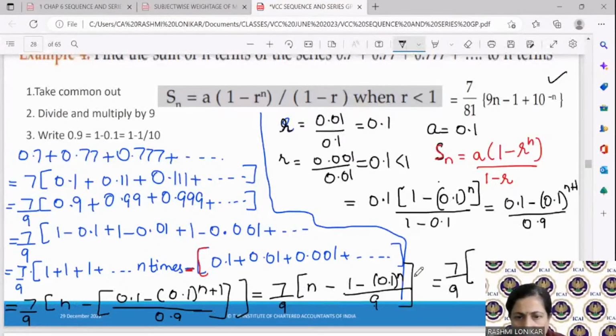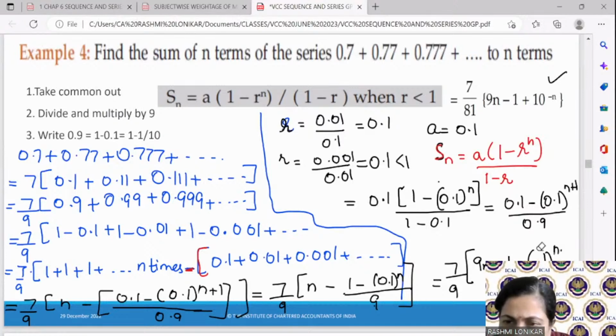This 9 into n will become 9n minus 1 minus 0.1 raised to n. That is equal to 1 upon 10, right?